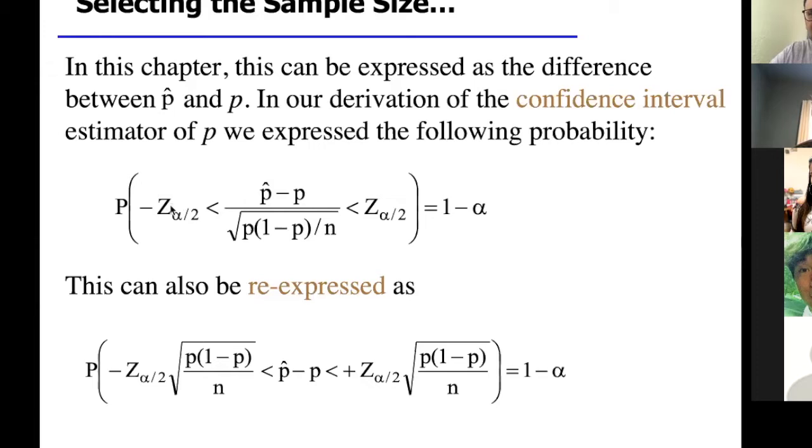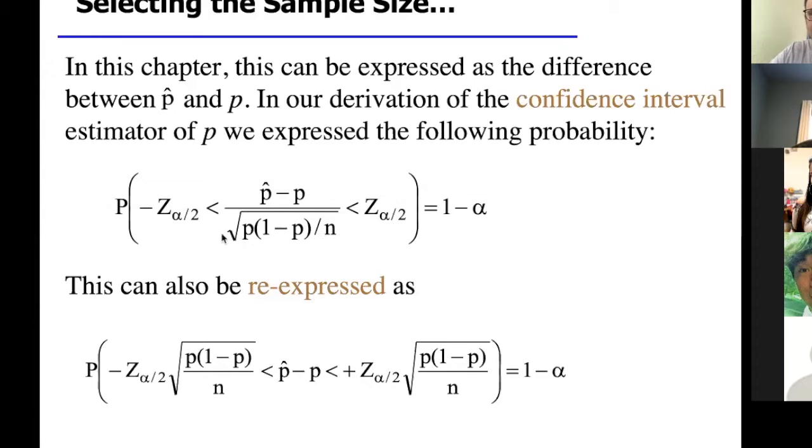So minus z of alpha half, so essentially how many standard deviations to the left of the mean and how many standard deviations to the right of the mean defines the probability of me being wrong with my estimation, okay? So it determines the interval width. And this is just the value that we have from the z-score formula for proportions.